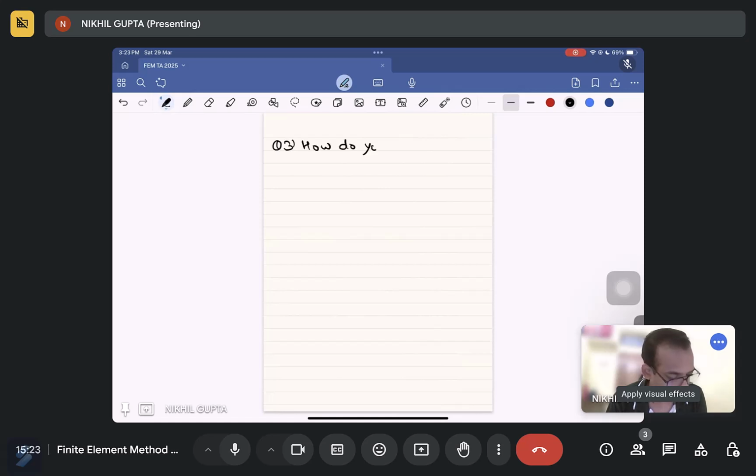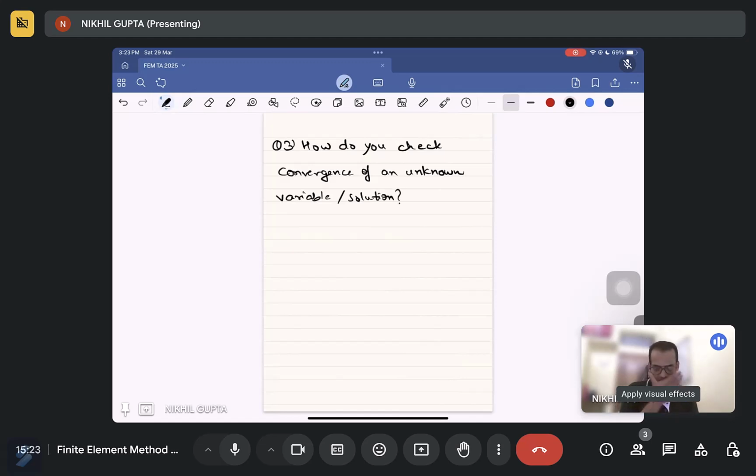How do you check convergence of an unknown variable, or we can say a solution also? Let's say you have an unknown degree of freedom, let's say u.